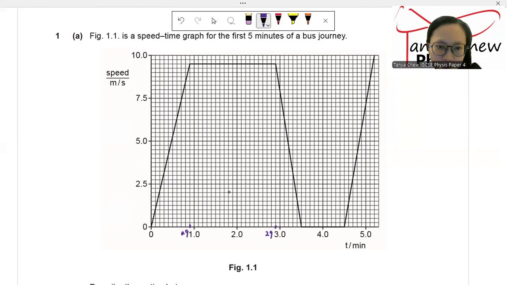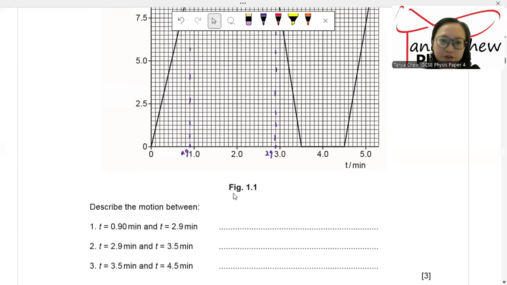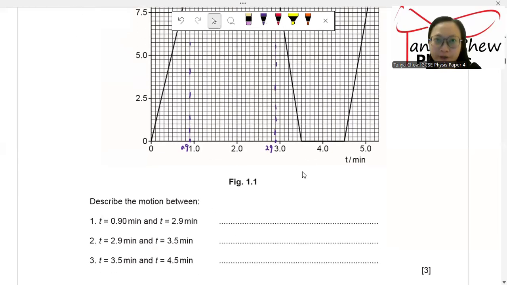Let me draw a straight line first up here to see what this is. Okay, it is within this line here. So I would like to draw a straight vertical line. I'm going to use the highlighter to highlight. This is the motion that I have to discuss within that given time, 0.9 minute to 2.9 minutes.